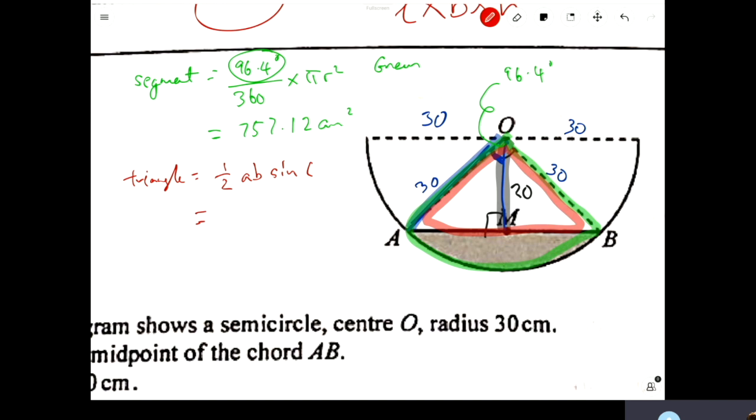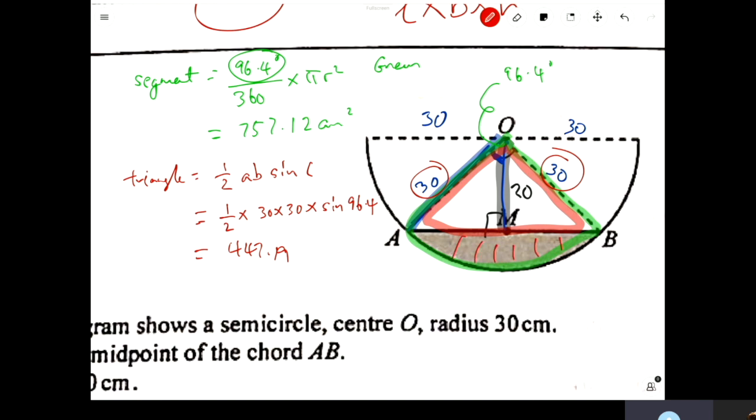So half times 30 times 30 times sine 96.4. We get 447.19.